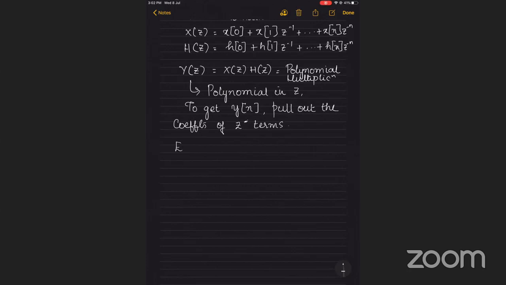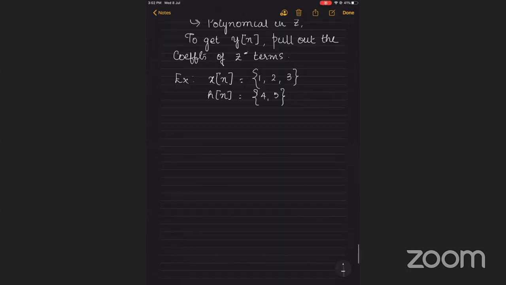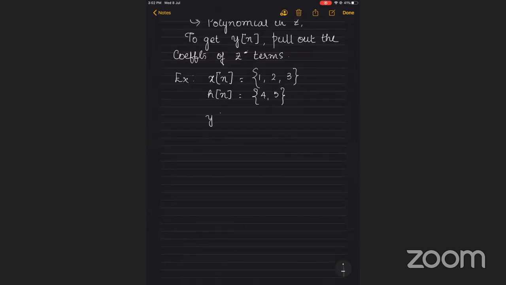Example: let us take x of n to be 1, 2, 3. This is the discrete sequence that we have. And h of n is 4, 5. Now I want to find y of n.